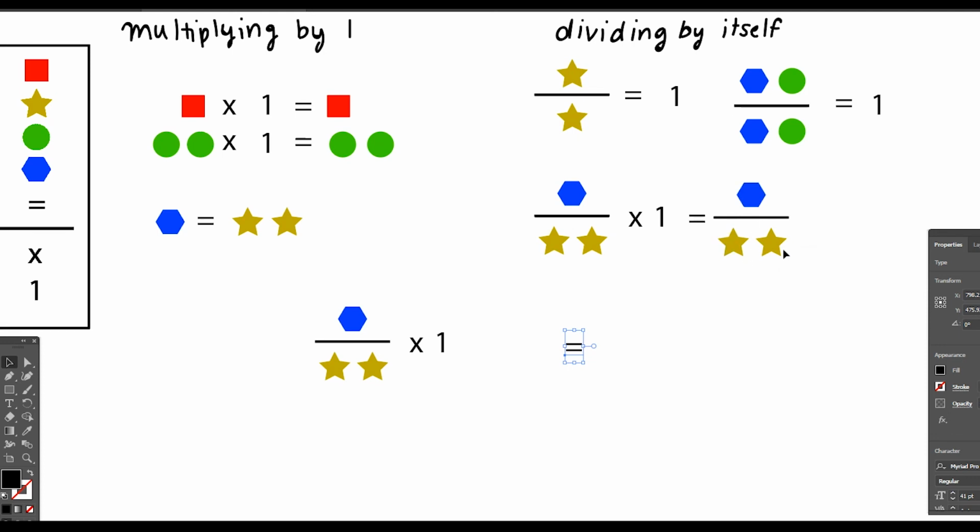It's confusing to me, and I don't want to see it anymore. And so what I'm going to do is I'm going to say, well, I know that 2 stars divided by a hexagon equals 1. We just showed that in the previous step. So I'm going to get rid of this 1 and replace it with 2 stars divided by 1 hexagon.